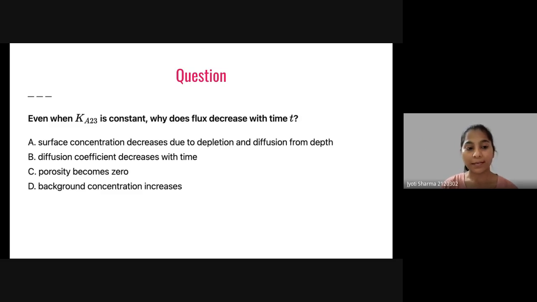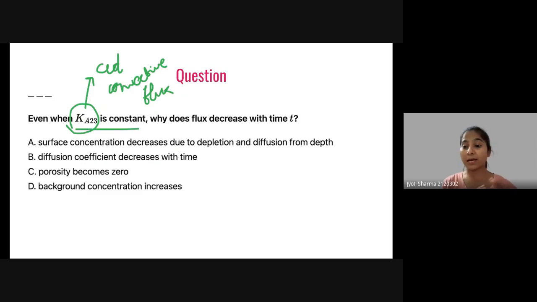What it is saying is that this is your mass transfer coefficient on the water side, and that is part of your convective flux, sorry, not advective, convective flux. So even if this convective mass transfer coefficient is constant, how can flux decrease with time t? We have four options here.